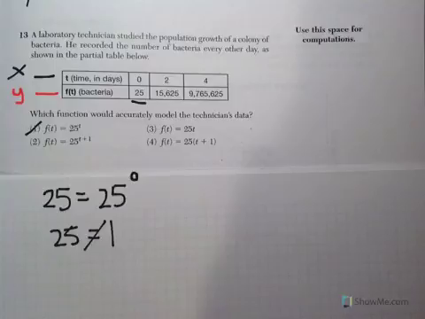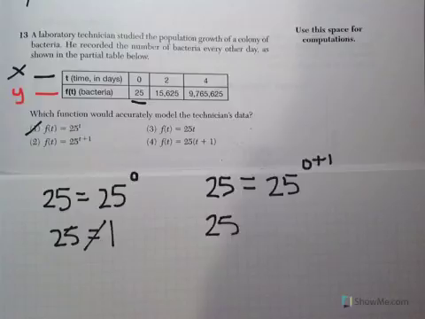This says that 25 is equal to 25 to the power of 0 plus 1. Let's see if that works. 25 equals 25 to the first power, which is still 25, so that works so far. But be careful, because sometimes the first option on your table will work, but the second one will not. So let's try the second one.